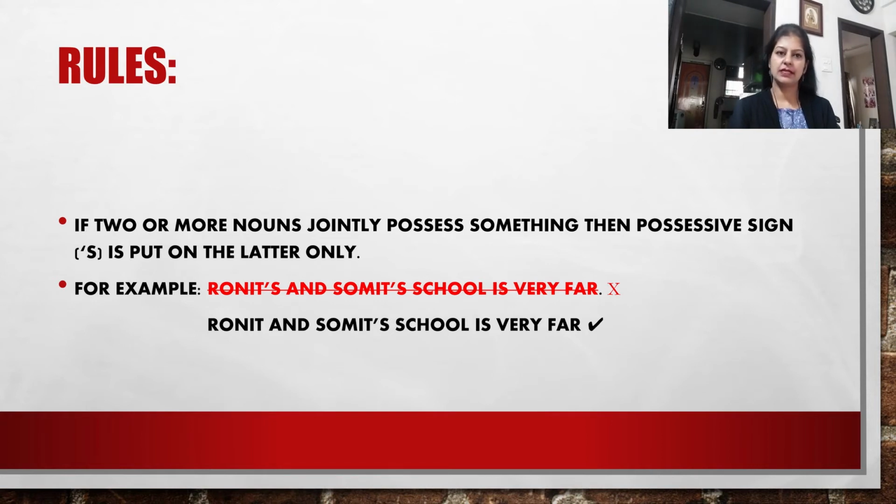They have the same school, and we cannot show separate possession for that. Instead of this, we can say Ronit and Somit's school is very far, and for showing possession of school, we will show possession in the later noun, that means the second noun. Here I have used this possession in Somit's case. Ronit and Somit's school is very far.